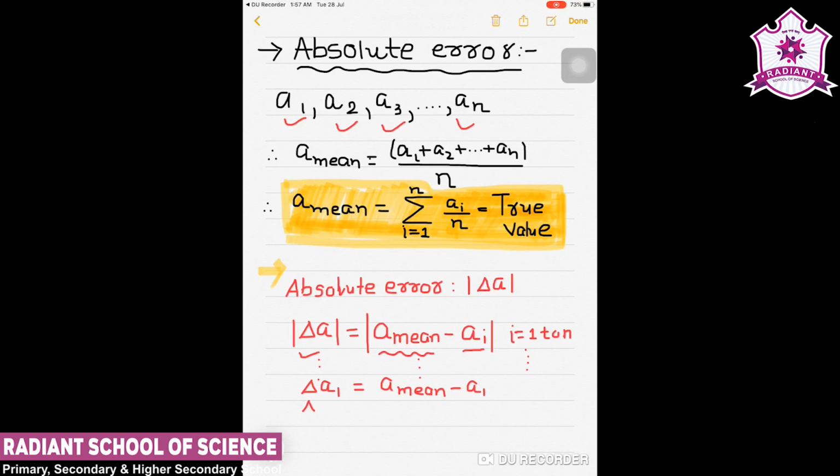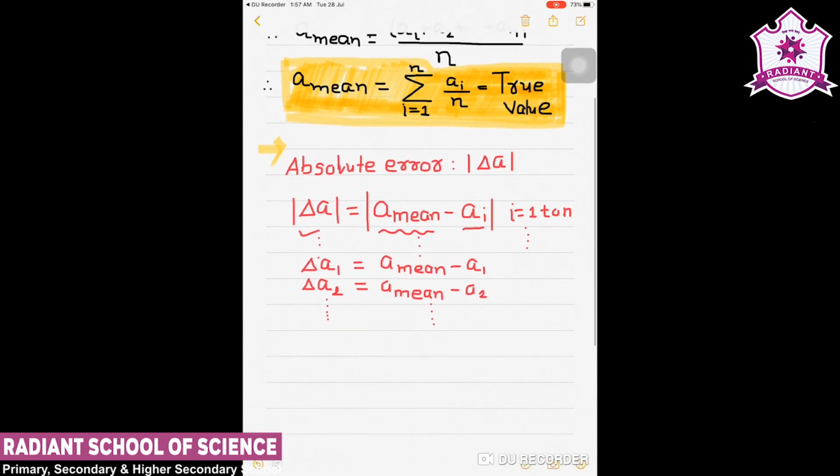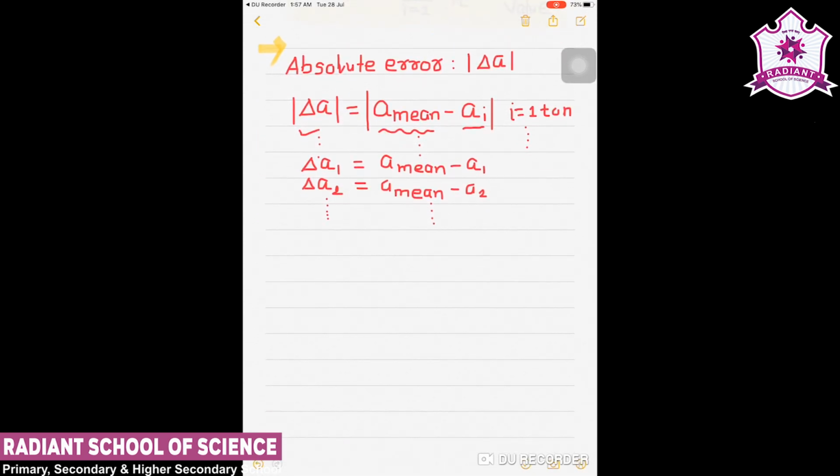Similarly for A2, it is A mean minus A2, and up to delta An, that is A mean minus An.